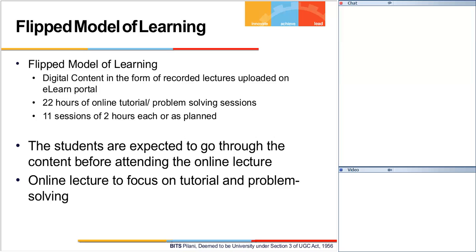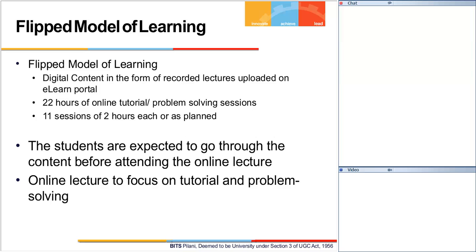But for that, it is very important that you go through the recorded lectures beforehand, right? I understand everybody has challenges, and there is a lot of load that you might be having from your other engagements, as per your job, employment, etc. But then it is important for you to dedicate the required time for every course.